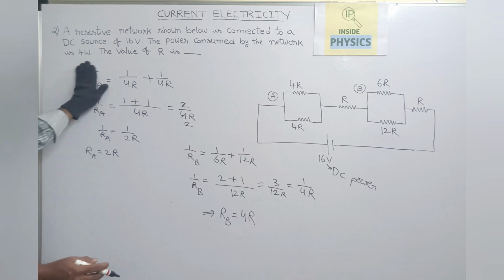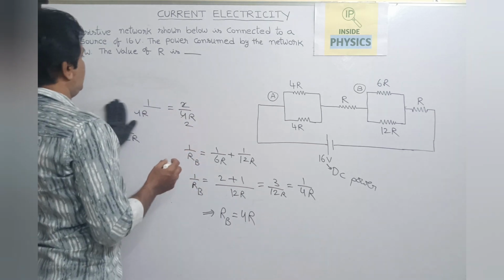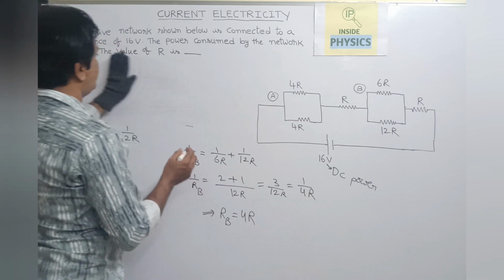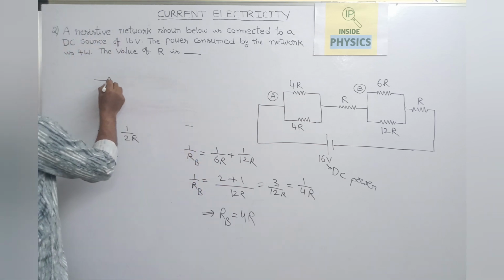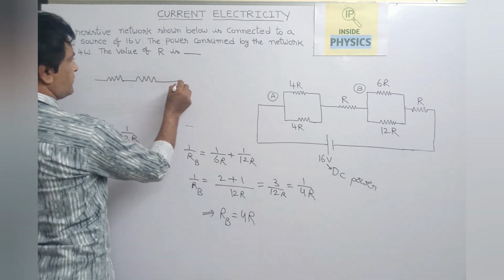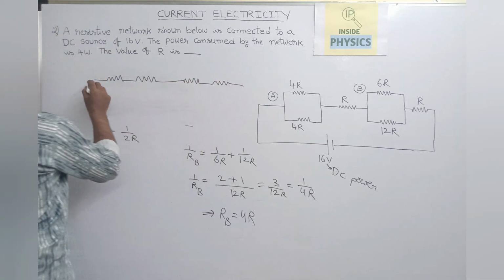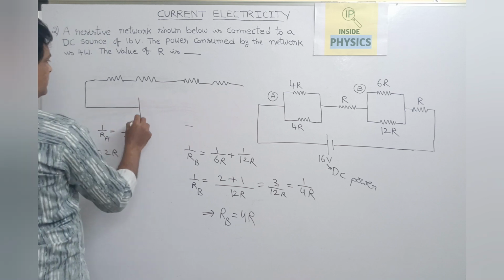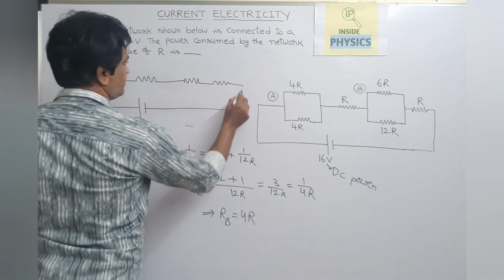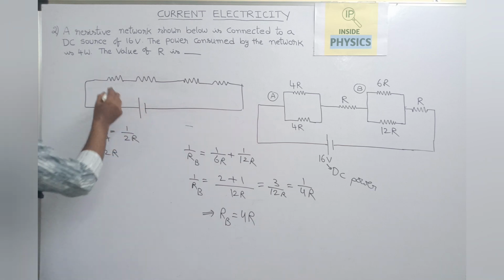We can write this circuit as 4 resistors which are connected in series. So the circuit can be rewritten like this.